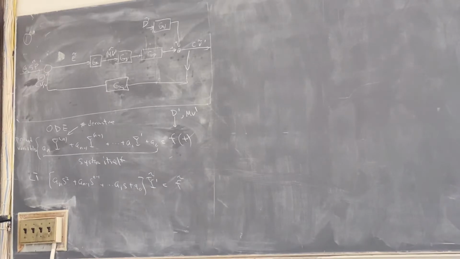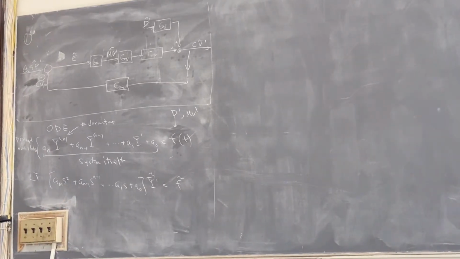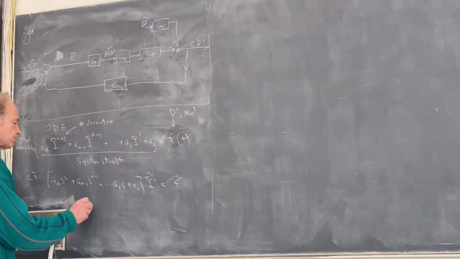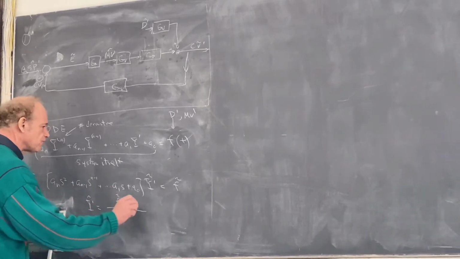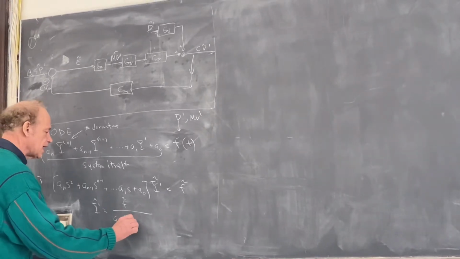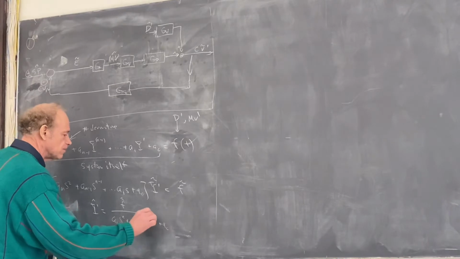And if we're looking at y prime, remember y is the variable we're interested in, the dependent variable. It's typically the control variable. We noted that y prime tilde was equal to f tilde divided by this polynomial, a_n s^n + a_(n-1) s^(n-1) + ... + a_0.